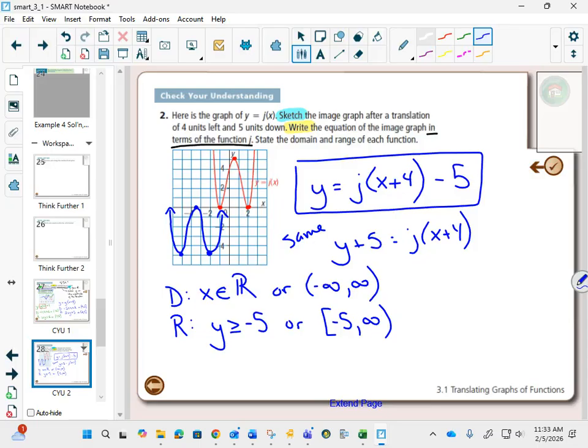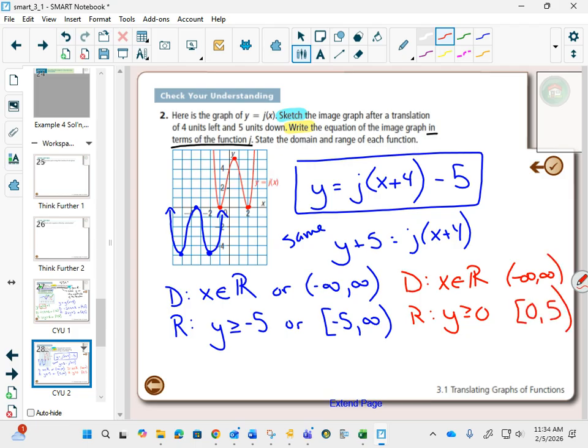On my red graph, because it says domain and range of each function, the domain is everything for my red one. My y values are bigger than or equal to 0. And I guess I could write, whoops, that's wrong.